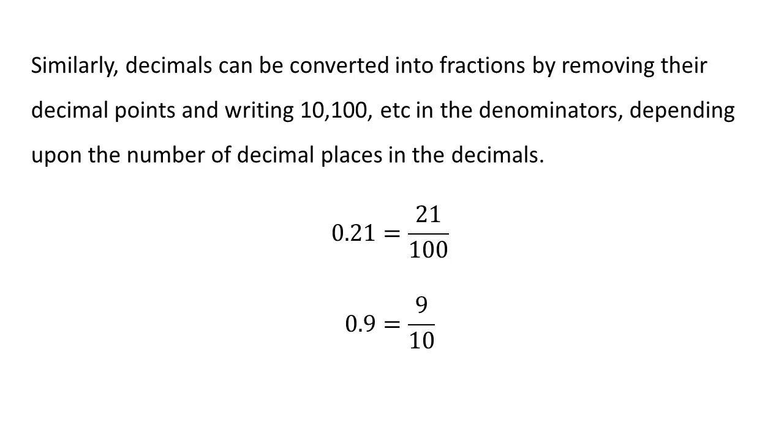Now, how many decimal places here? 2 places. So it can be written as 21 divided by 100. So the fraction is 21 by 100, which is the fractional representation of the decimal 0.21.